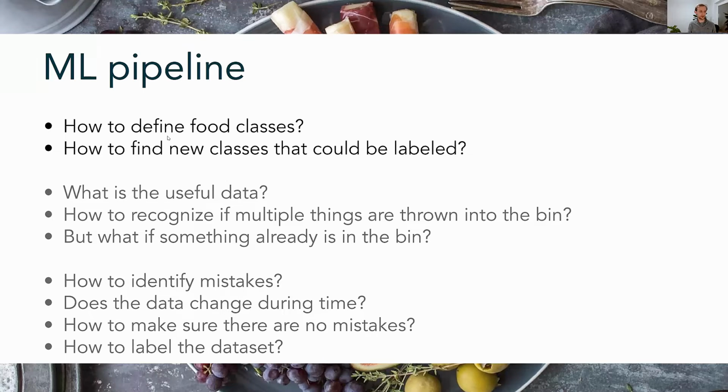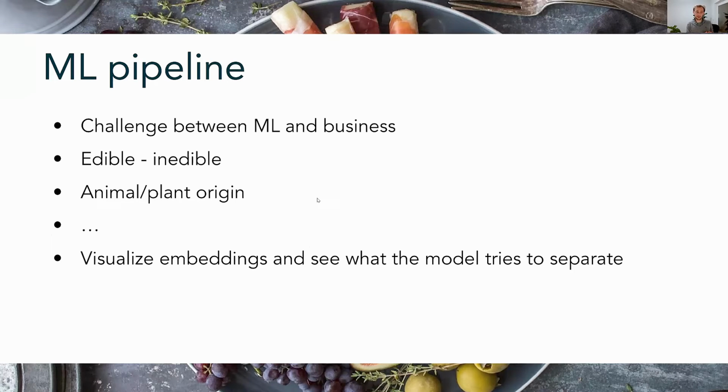Okay, first let's try to answer these first two questions. To first define what the classes are, it's always a challenge between machine learning and business. But here at Kitro we are kind of lucky, because as we look at the embeddings and things that can clearly separate, we can see that a lot of classes that are useful for the business side are also the things that we can successfully distinguish from the other classes.